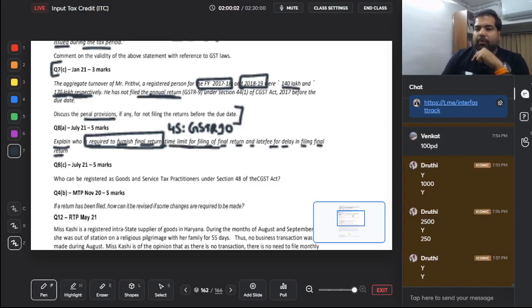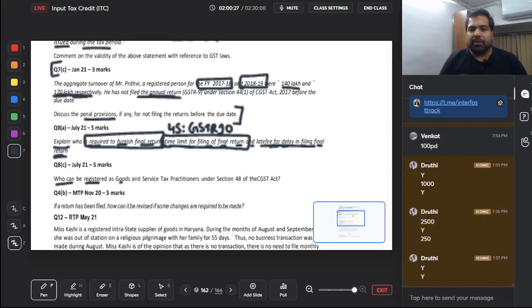What is the time limit for filing final return? The final return has to be filed within 3 months of the later of date of order of cancellation or effective date of cancellation, whichever is later. And what is the late fee for filing the final return? 100 rupees per day or maximum 5,000, whichever is less. This has not been rationalized till now.